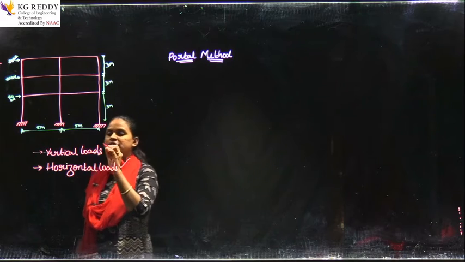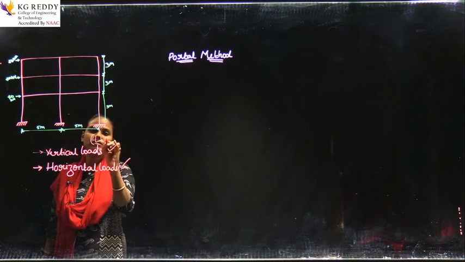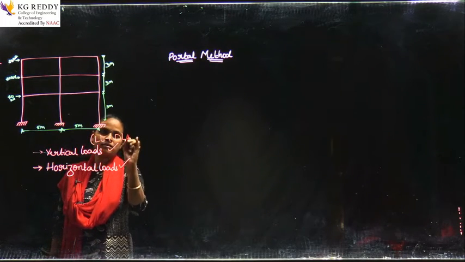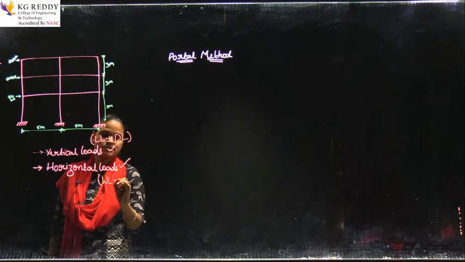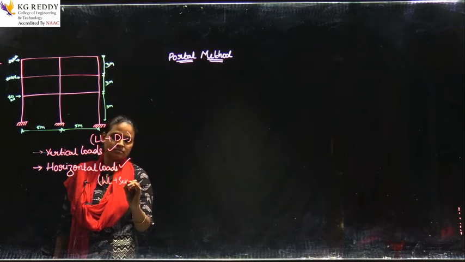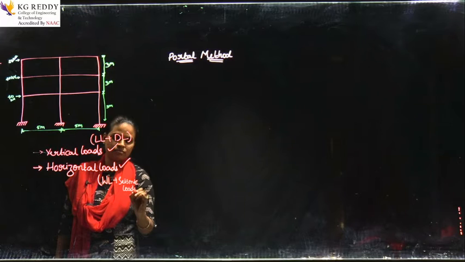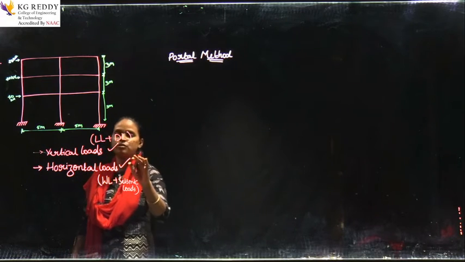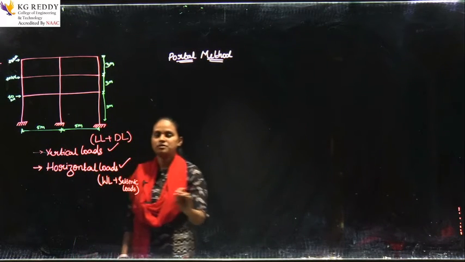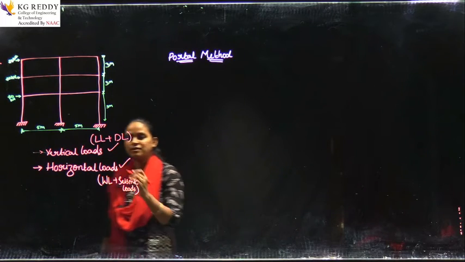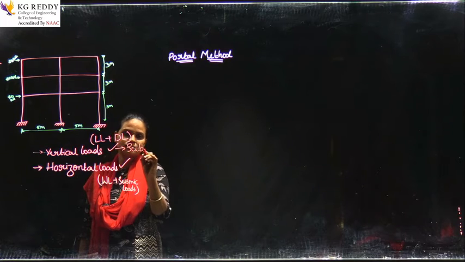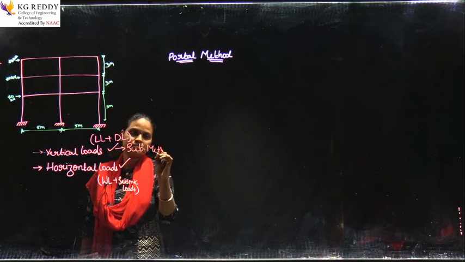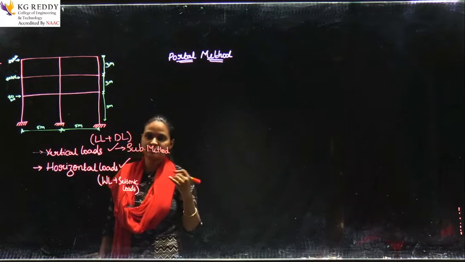For vertical loads we take live load plus dead load, whereas for horizontal loads, wind loads and seismic loads. These are the two types of loads which we consider for the approximate method of analysis. For the vertical loads, we have the substitution method for the analysis of a frame.